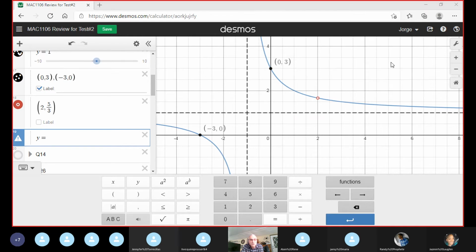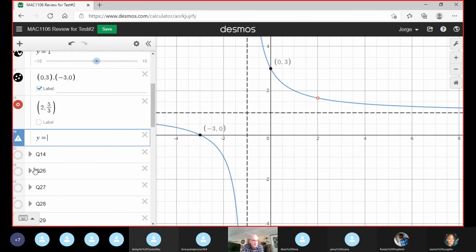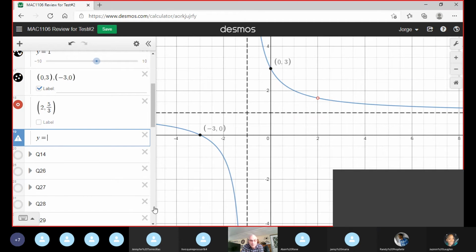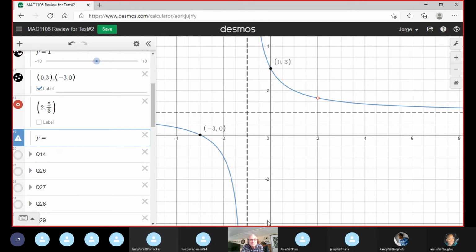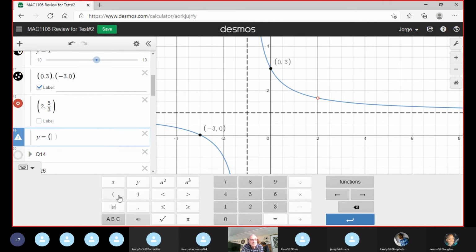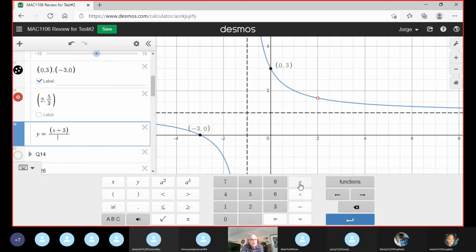Okay, this is Desmos. You see Desmos? The thing I try to do is copy, parentheses, let me use the keyboard for this. Parentheses, x plus 3, close the parentheses. Division, not necessarily parentheses now, x plus 1.